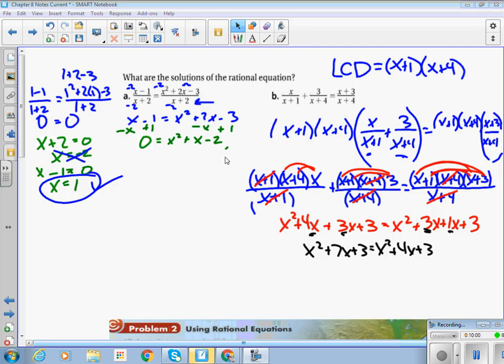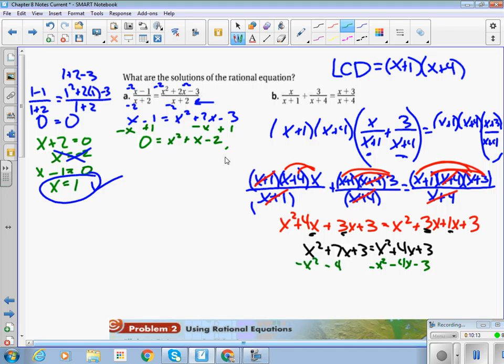So we get 0 on one side, and we're going to subtract x squared, subtract 4x, and subtract 3. We get x squared minus x squared is 0. 7x minus 4x is 3x. 3 minus 3 is 0. We get 3x equals 0.